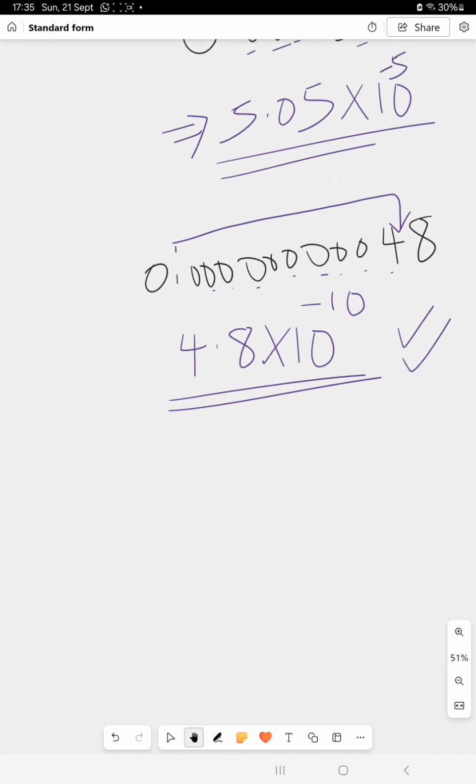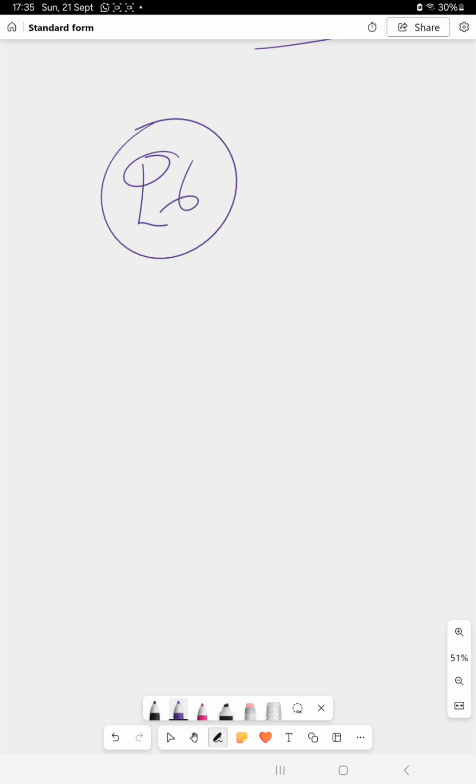You are told to write in full. Question 6, 1.5 times 10 negative 3. Again, for this one you have negative 3.